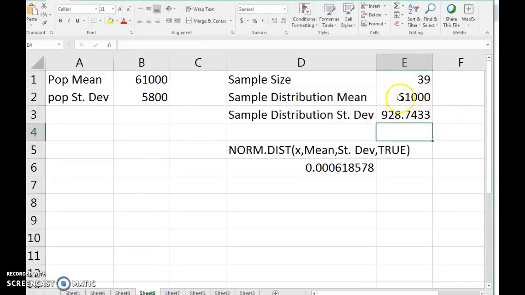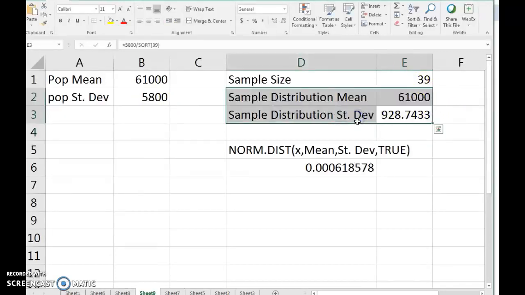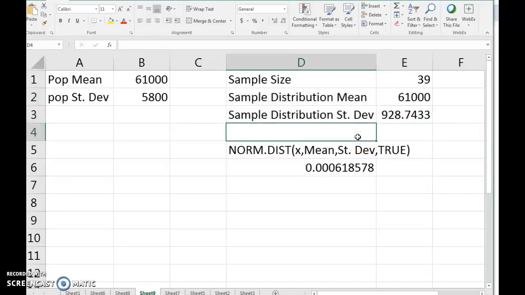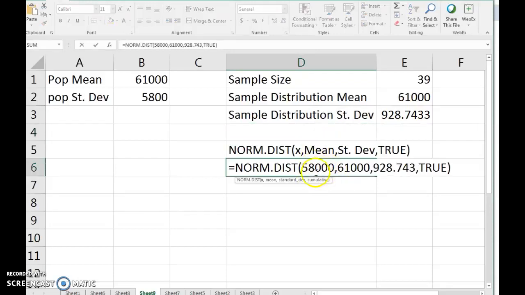So we have a normal distribution with these characteristics, and we're just trying to find, if we randomly select a sample of size 39, what's the chance that we get a mean of 58,000 or less? So enter the value you're looking for, and then your mean, your standard deviation, and TRUE.